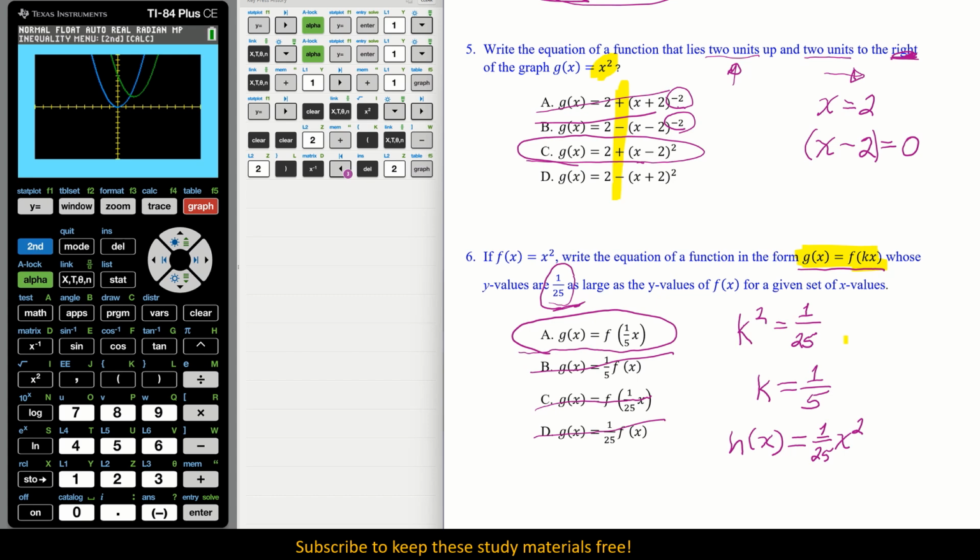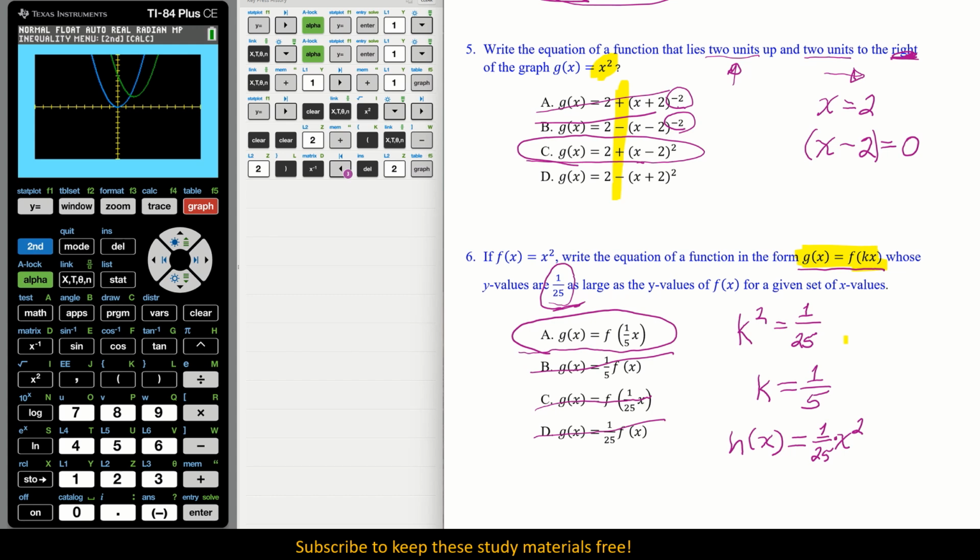So now let's analyze what we see here with the words that we were given. 1/25th as large as f of x. So you go back to f of x. So that's 1/25th times, that's what as large as means, times our parent or original function, x squared. So now that I've written it out, now that makes sense.